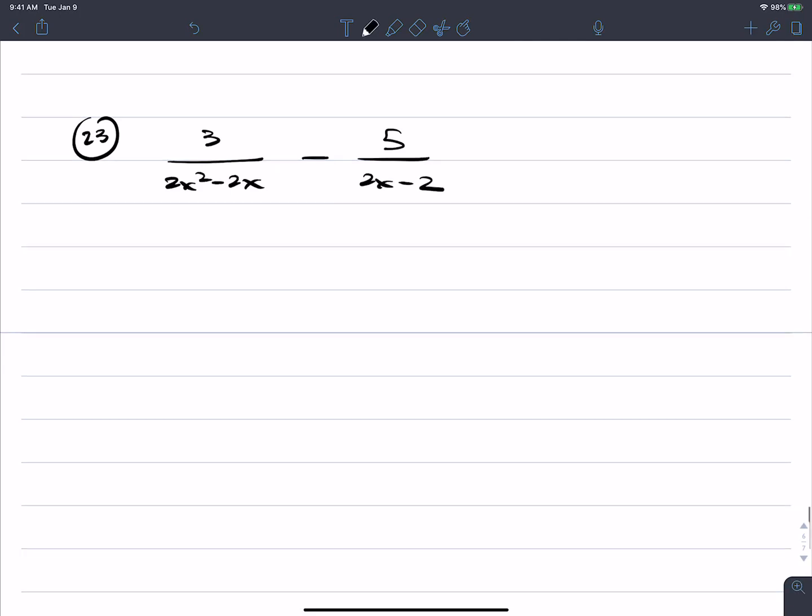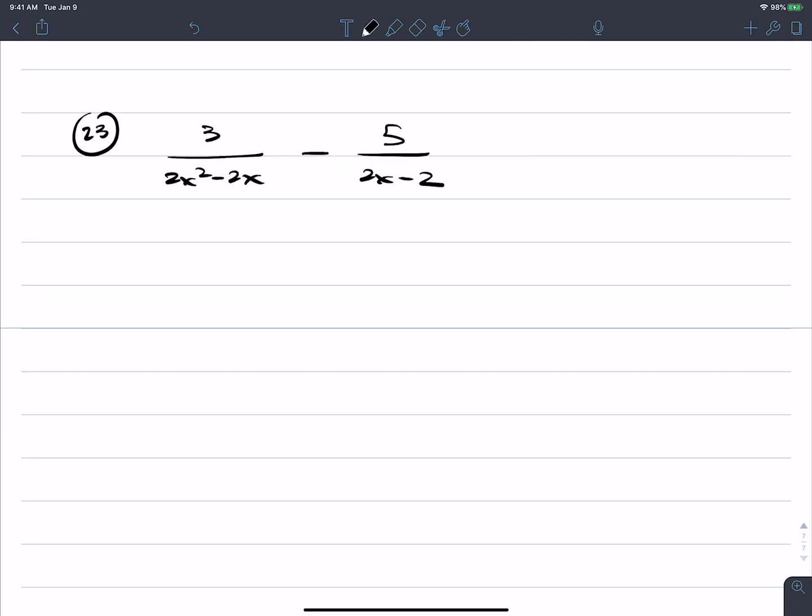23. 3 over 2x squared minus 2x minus 5 over 2x minus 2. Now we're entering questions in which we may have to factor to see what the terms are, and we're factoring the denominators here.